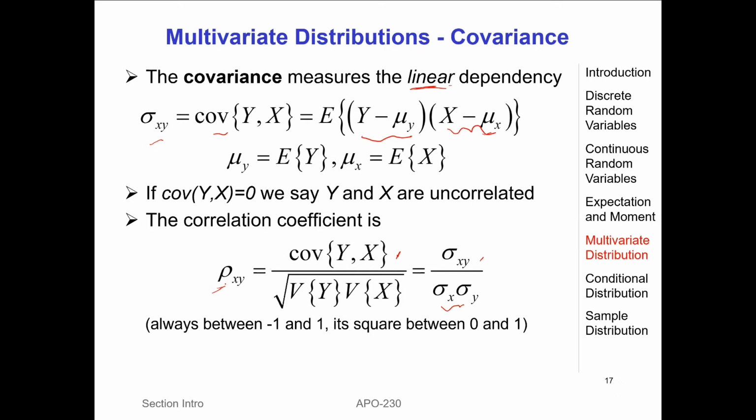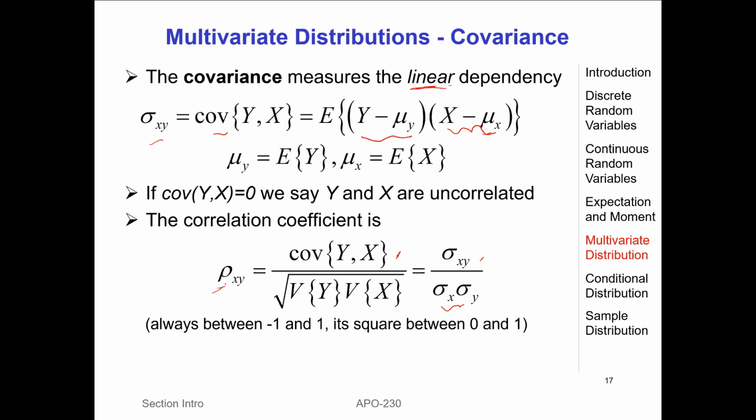Well, the problem is your random variables can have all kinds of units, and they can take all kinds of value ranges in which they are distributed. So when I give you a certain number, which is the value of the covariance, it's hard to judge how strongly or how weakly they are dependent or associated with each other, right?